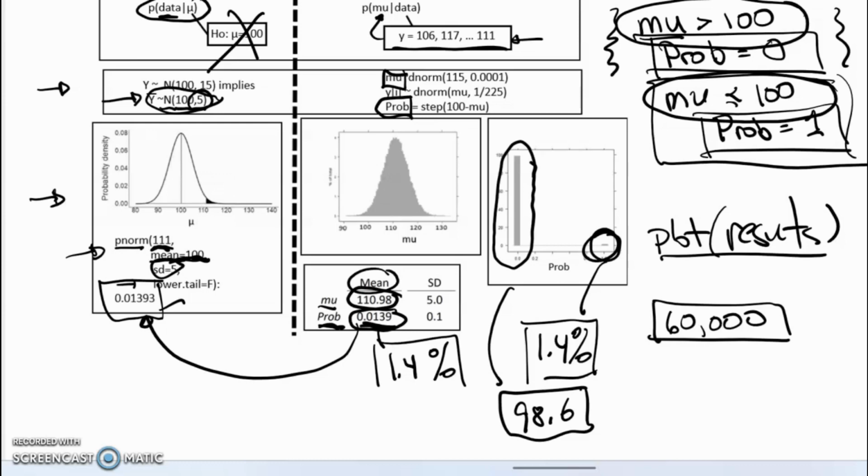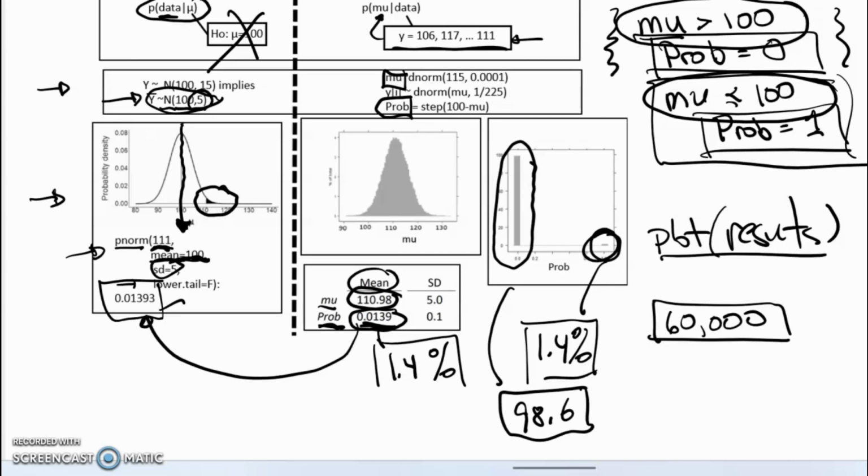So what the frequentist is doing is holding the parameter constant at 100, and calculating the probability of data as similar to that observed or more extreme. In contrast, what the Bayesian is doing is holding the data constant and getting the posterior distribution of mu.